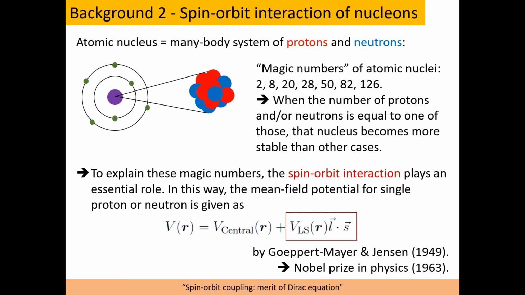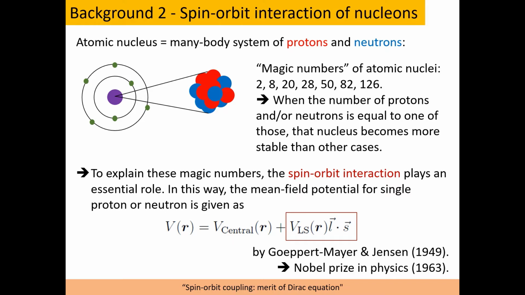And the next one, background 2, spin-orbit interaction of nucleons. Okay, let's change our focus to the core of the atom, that is the atomic nucleus, and this is the many-body system of protons and neutrons.